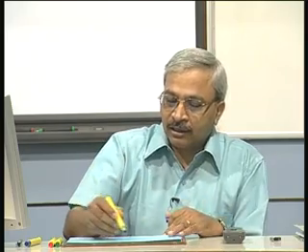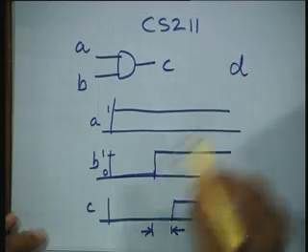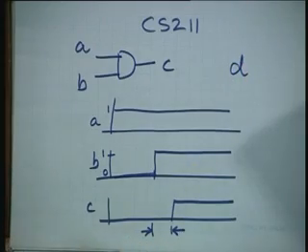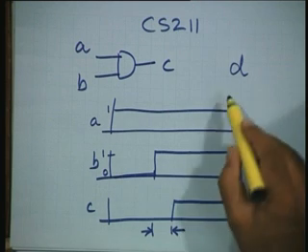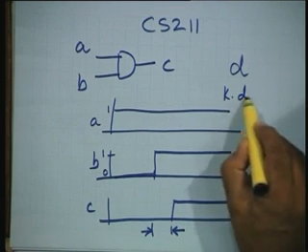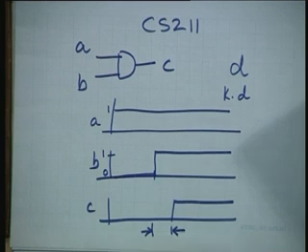Roughly speaking, you could say that if in an ideal condition the delay of one gate is, let us say, d units of time, d picoseconds or whatever the unit is, and you chain k gates, then the delay will be k times d. Now, the question is, is this factor d independent or not?